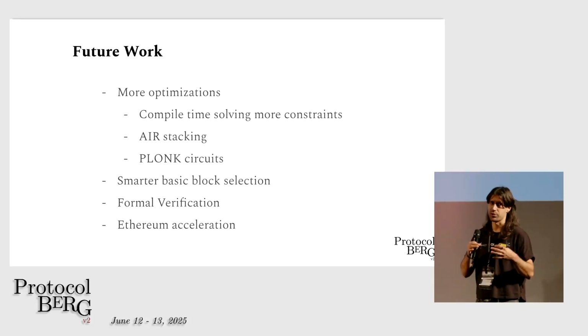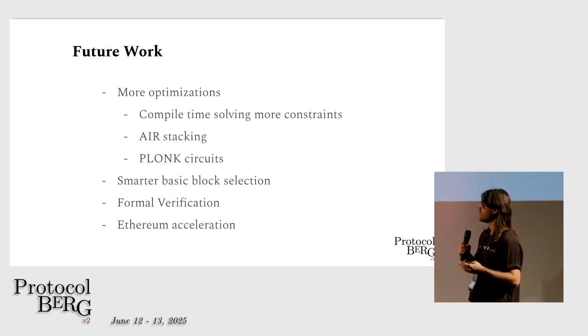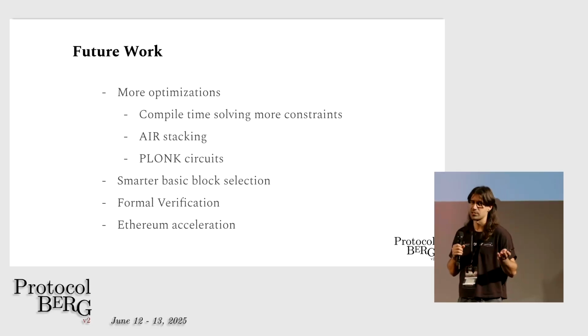But once you do what's called the recursion tree, because you want to end up with a single proof in the end, it matters a lot how many columns and circuits you have. So you actually want to reduce the number of columns because of recursion, and array stacking and Plonk circuits are attempts at solving the performance issues that show up once you do recursion.